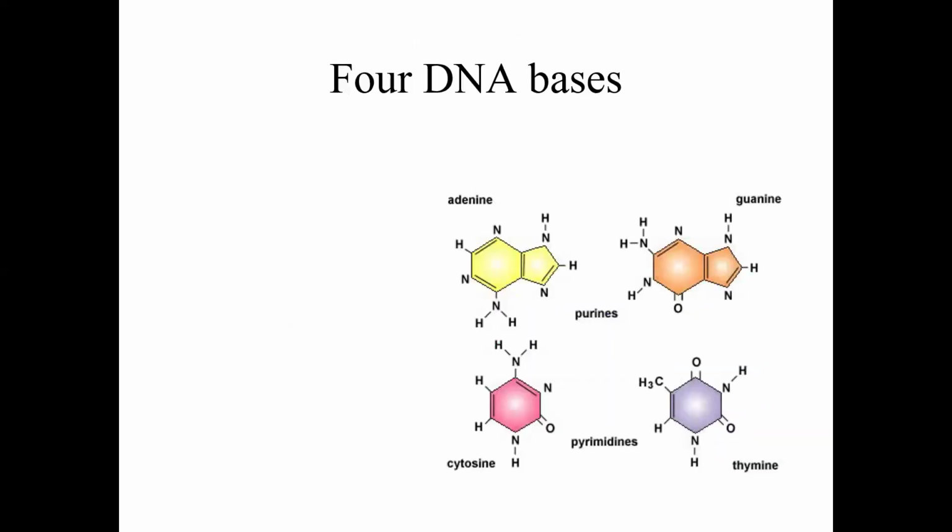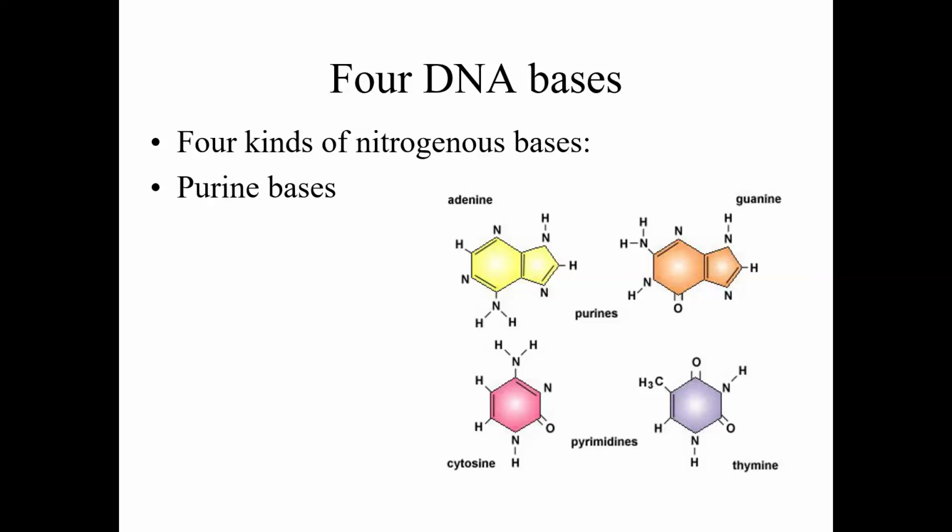We have 4 different kinds of nitrogenous bases found in DNA. We have the purine bases and the pyrimidine bases. The 4 bases found in DNA are adenine and guanine, which are the purine bases, and cytosine and thymine, which are the pyrimidine bases.